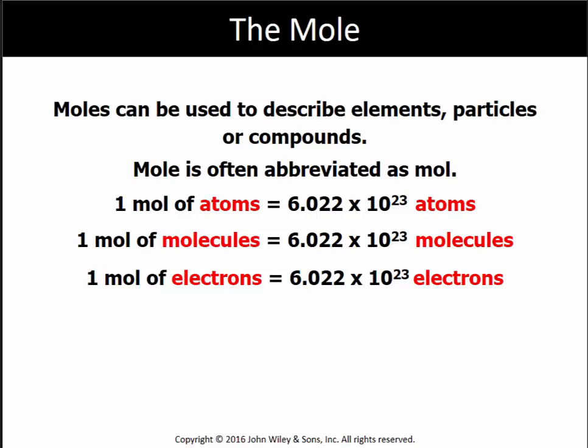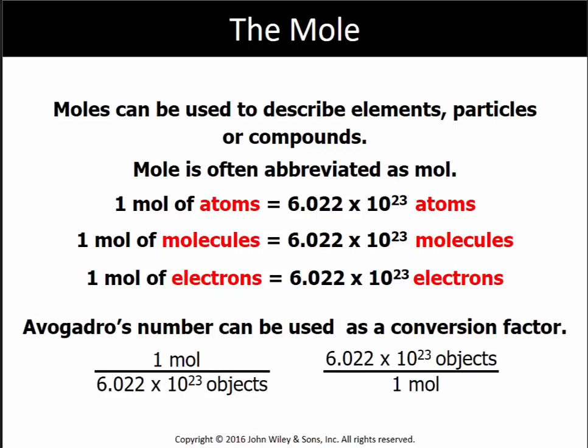Now, this equality between mole and Avogadro's number, we can use this as a conversion factor in order to convert in between the number of moles and number of units. So we can write this as a conversion factor.